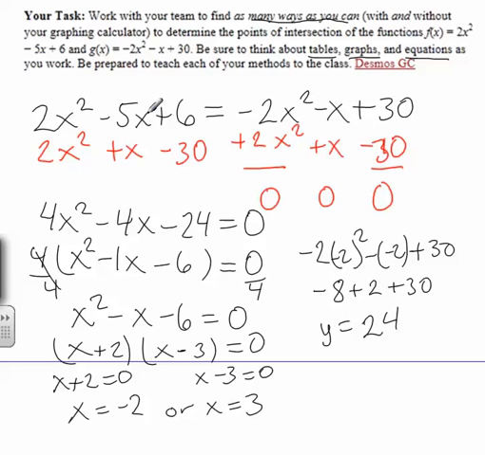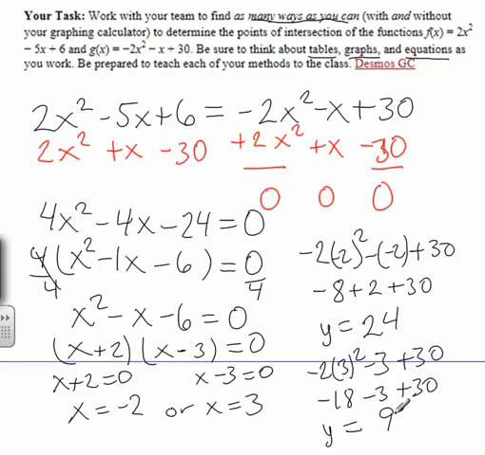And we can repeat that. It doesn't matter, again, which one we use. I'm going to go ahead and use the same one. So negative 2 times 3 squared minus 3 plus 30. Simplify this, we get 9 times the negative 2, negative 18 minus 3 plus 30, and our result is 9.